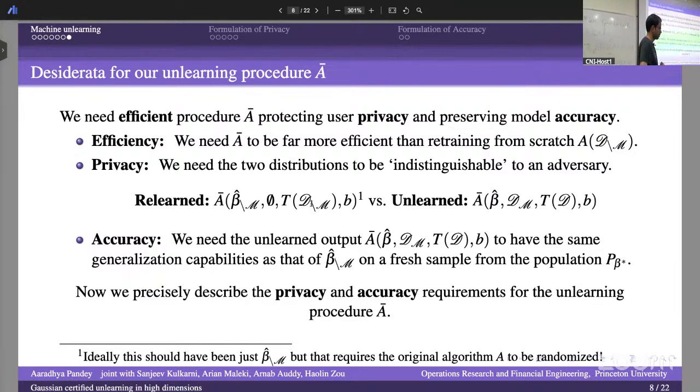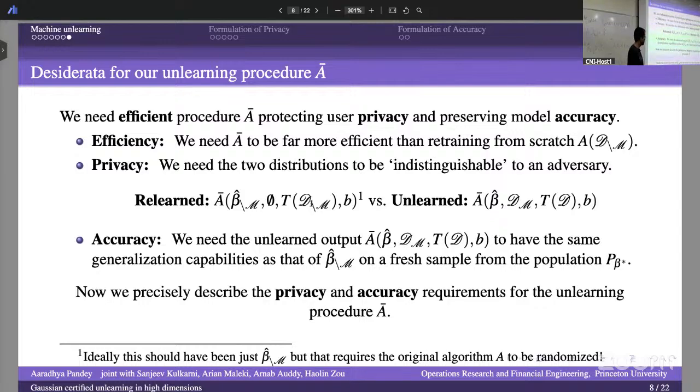Okay. So one thing is that Google gives me this beta hat, the trained model, and the list of data points to be removed. I would like to come up with some sort of beta tilde, which is this unlearned thing. That should be very close to the ideal retrained estimator or relearned estimator.